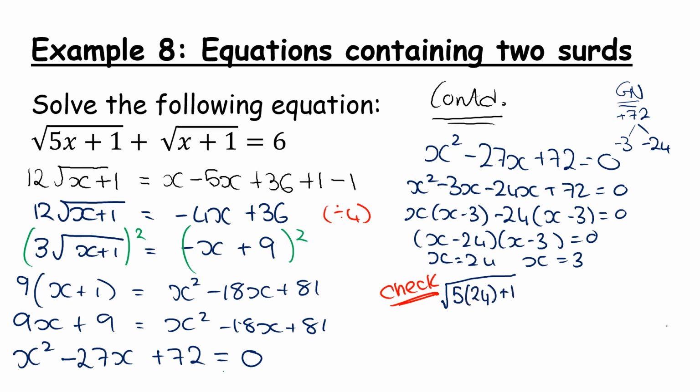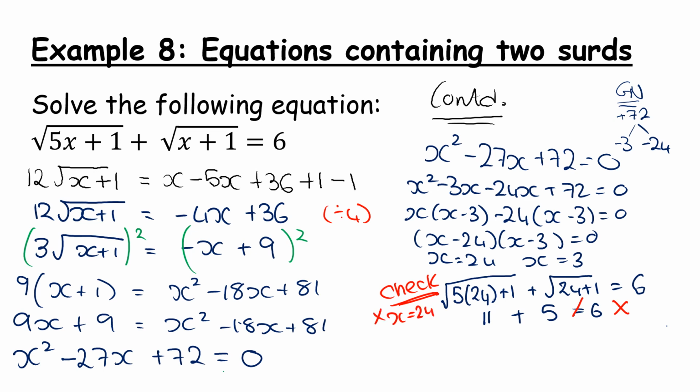Square root of 24 plus 1 plus square root of 5 by 24 plus 1, and that should all equal 6. So what I end up with is actually 11 plus 5 equals 6, and that is not true because that is not equal. So x equals 24 does not work.